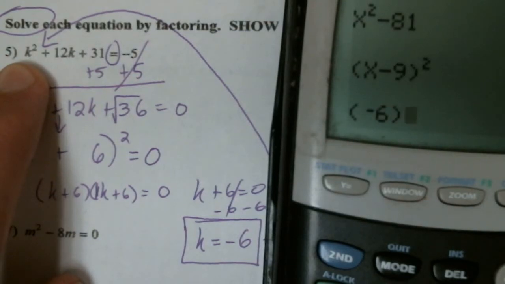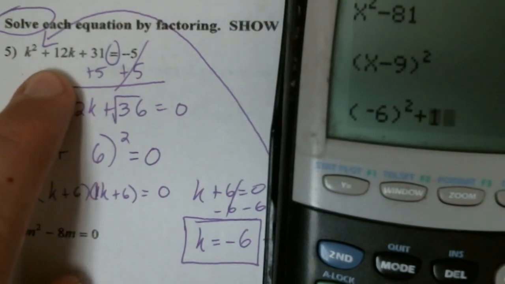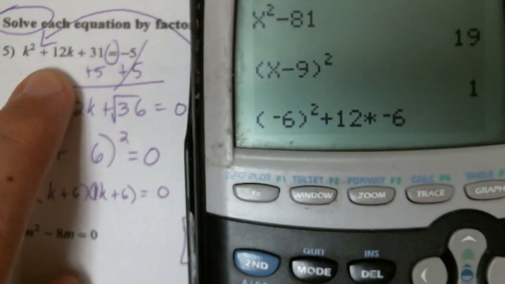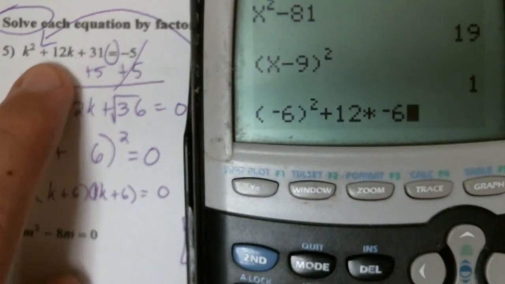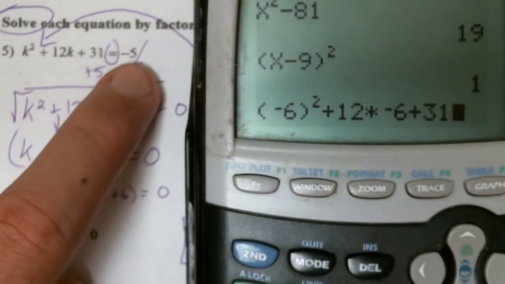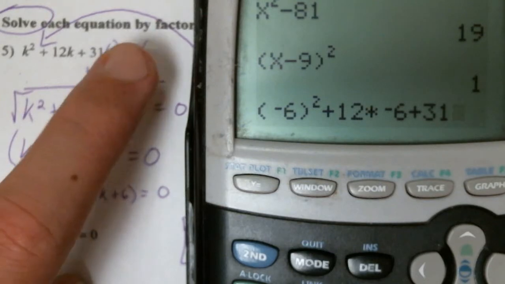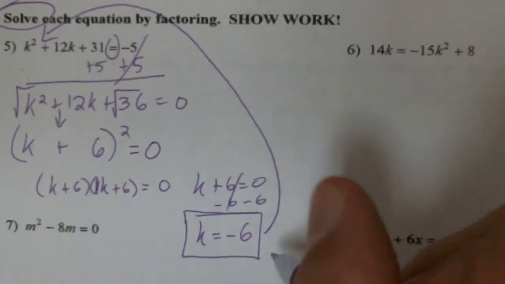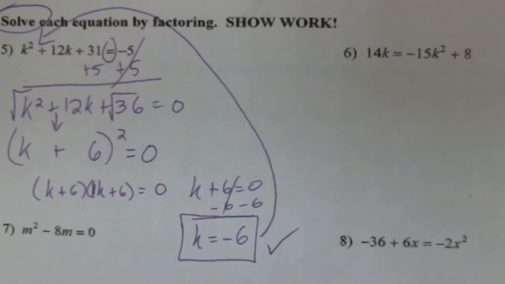Parentheses -6 squared plus 12 times -6 plus 31. That better be equal to what? Whatever's on the right-hand side of the equation. Most of the time it's 0, but in this case it's a number. That better equal -5. Okay, and it does. So check. Boom. Move on to the next problem.